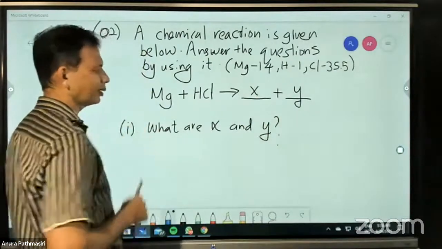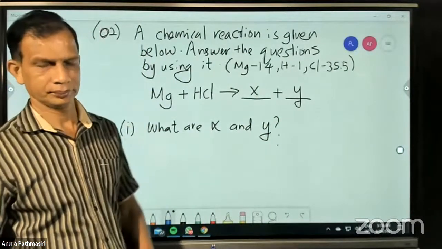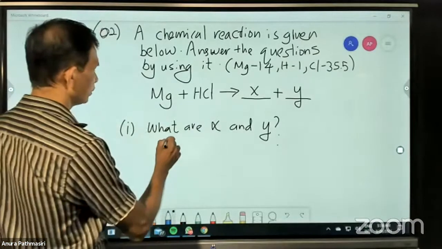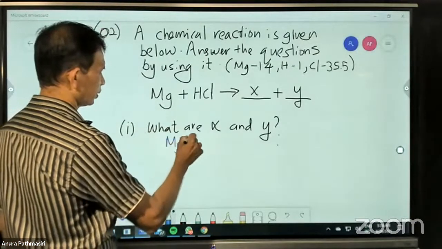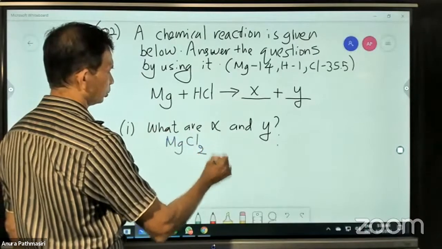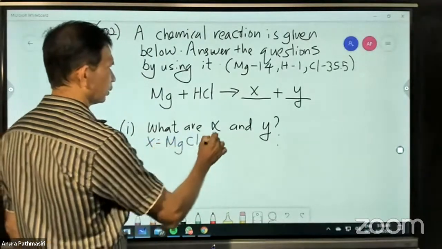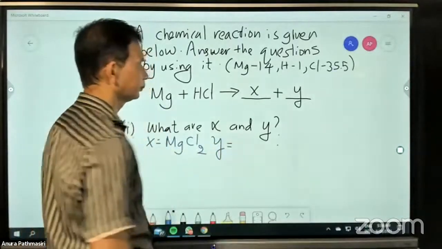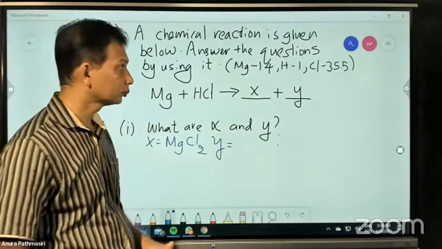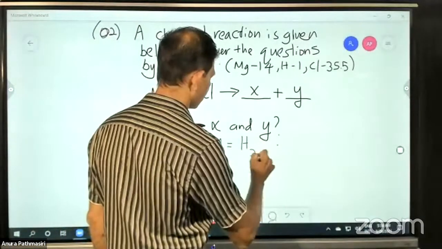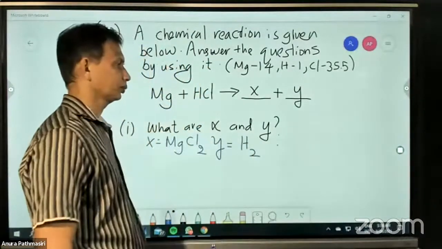How can I write magnesium chloride? MgCl2. That is X. And then Y? H2, hydrogen gas.